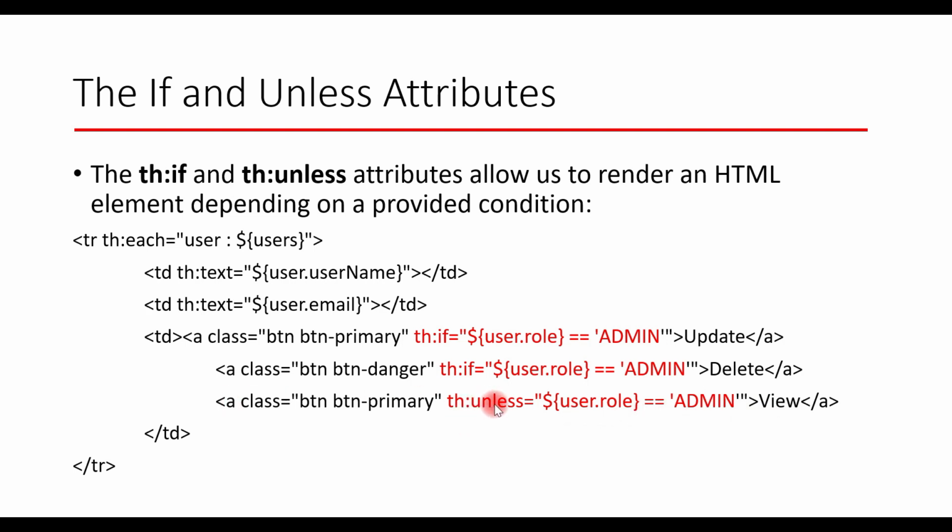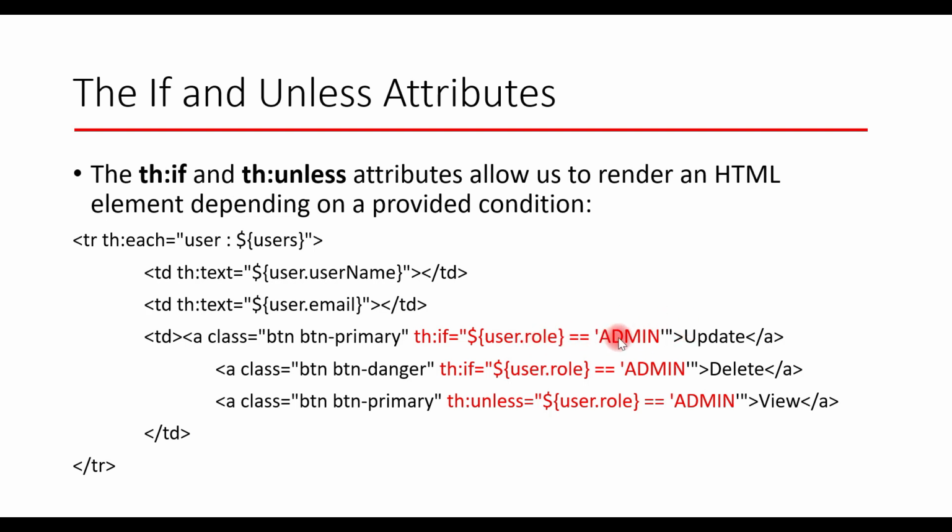So look here, unless is just the negation of the if condition. The users who don't have the admin role can view this particular user. This is a very simple example. Here we are just displaying buttons.